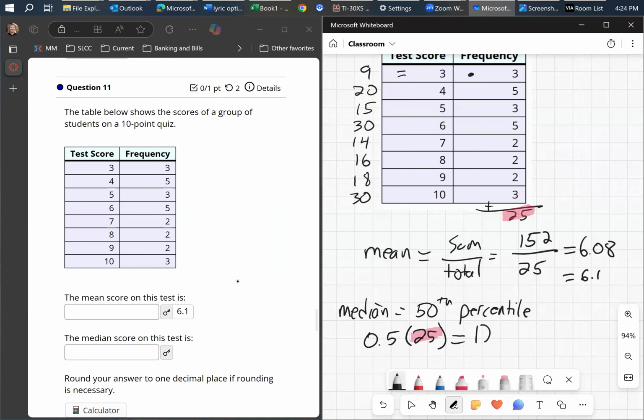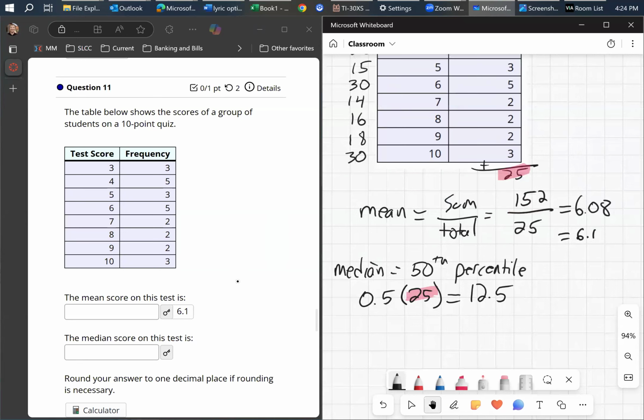This would give us 12.5. Now the rule with the percentiles is if you get a decimal, whether it's 0.5, 0.1, 0.9, doesn't matter, you round up, always up. And this tells you to go to the 13th spot in the data, and that'll be the median. 13th spot, let's take a look.